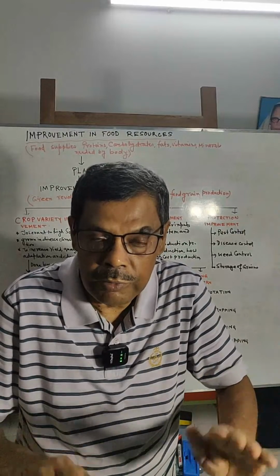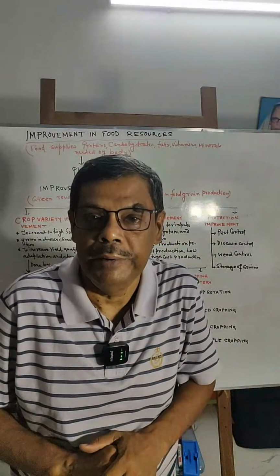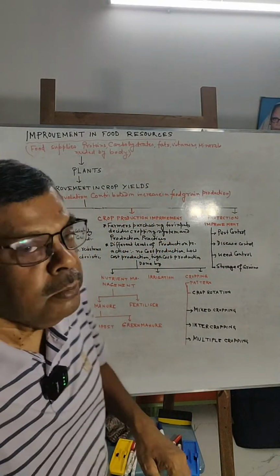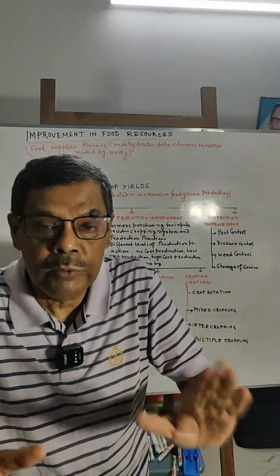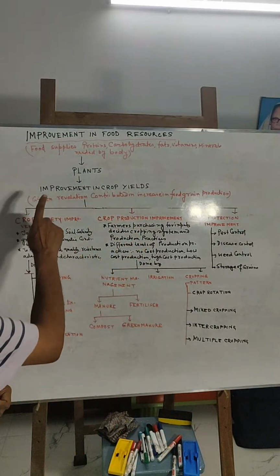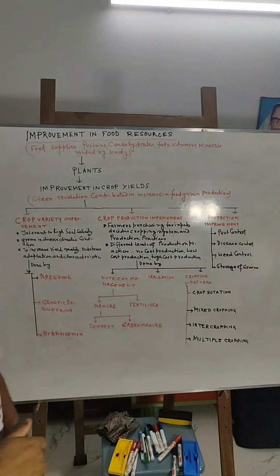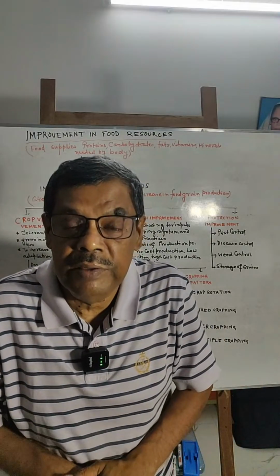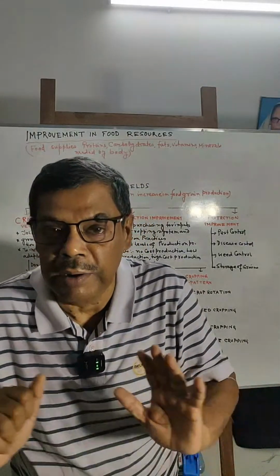Today I will show you the food resources which are plants only. Food resources from plants comprise improvement in crop yields.